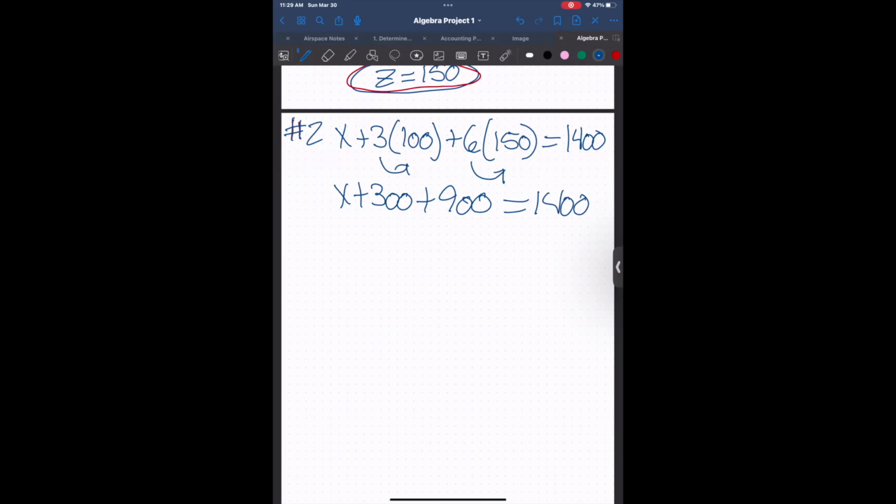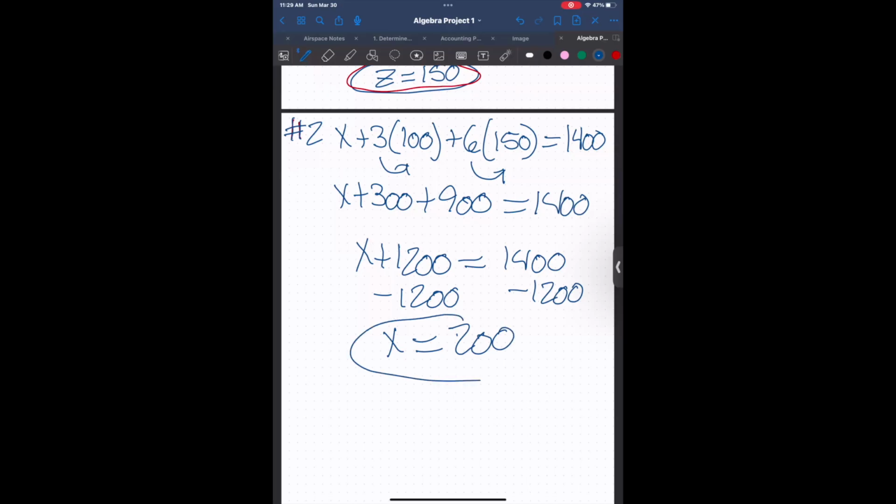We can combine like terms. So x plus 1200, nice easy round numbers, equals 1400. We get rid of the numbers so the variable is alone. X equals 200. Okay, now what do all these numbers mean?